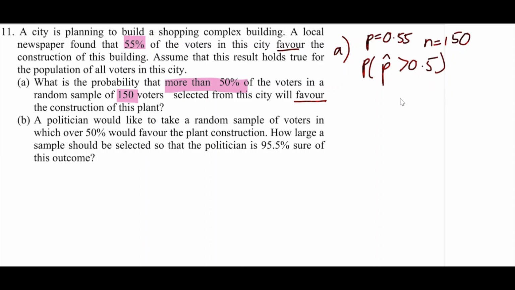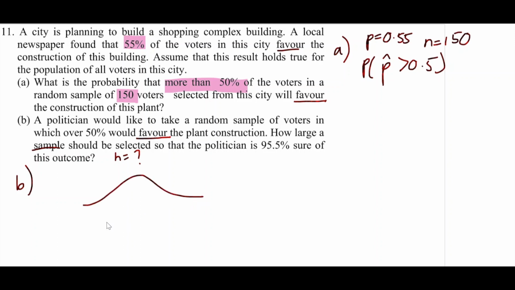It's quite easy. In question B, a politician would like to take a random sample of voters in which over 50% would favor the, okay, so this is the success again, those who are in favor. How large a sample? That means we need to find N. How large a sample should be selected so that the politician is 95.5% sure of the outcome?